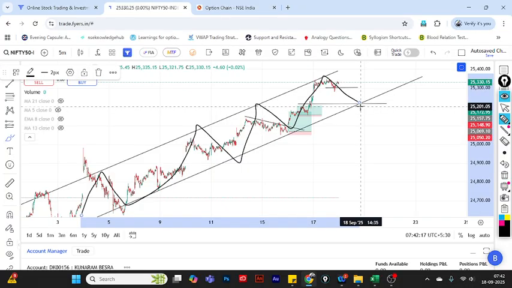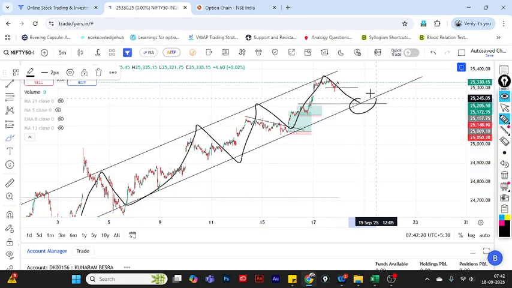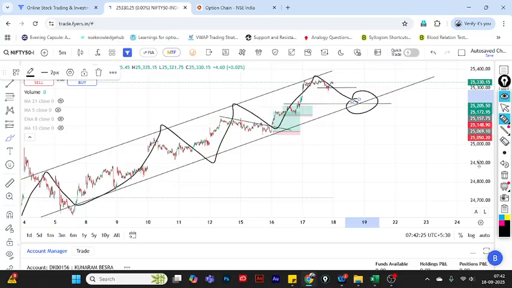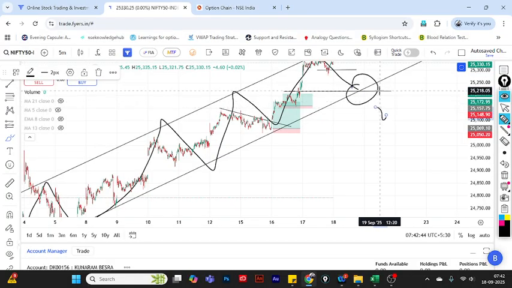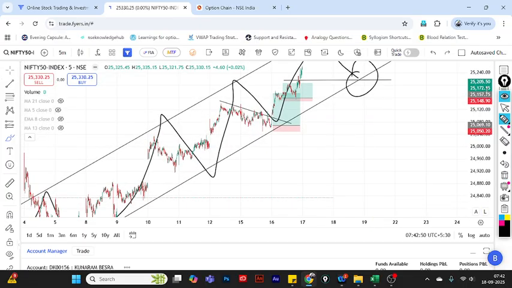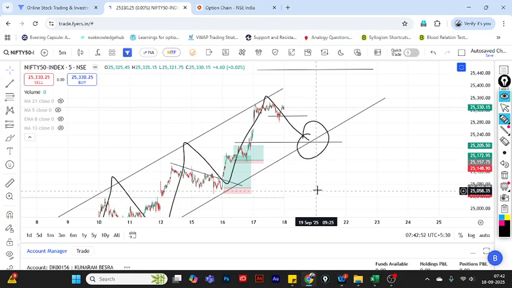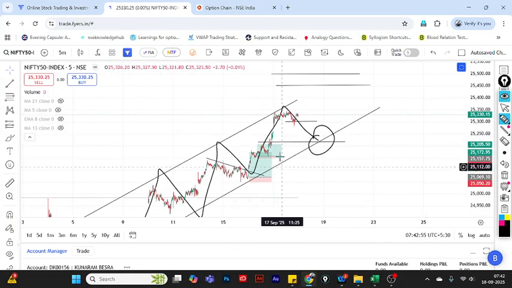When the market reaches this point and creates a positive pattern, meaning a bullish pattern like bullish Marubozu, bullish engulfing, or a small double bottom pattern, you can plan for the call side from this level, 25,200. Okay, so let me delete everything.